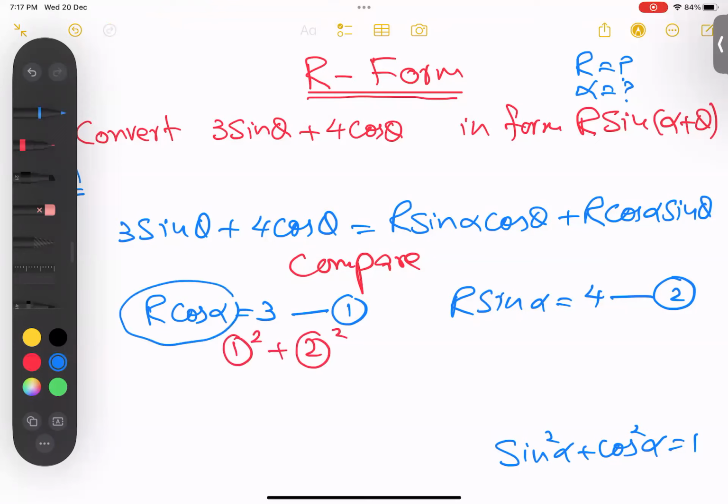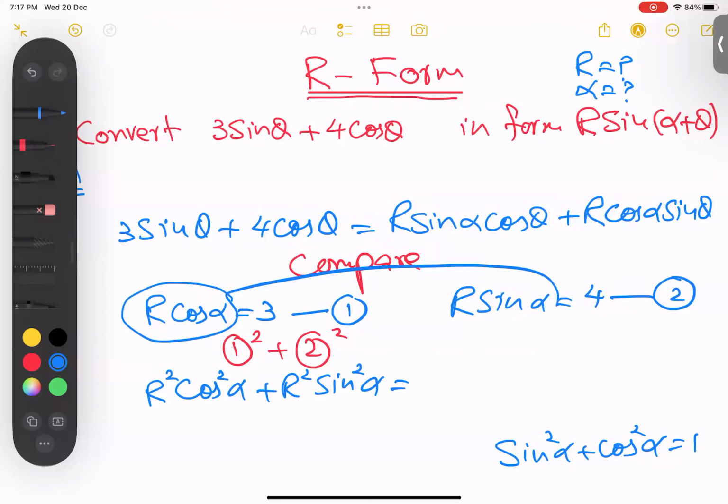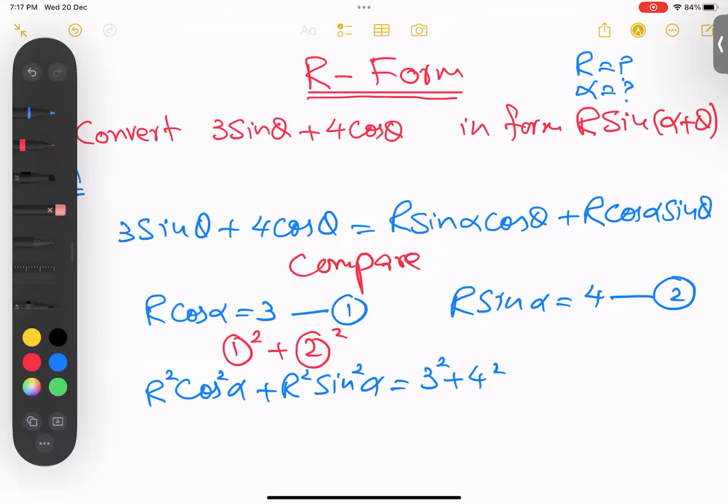When I square this and this and add them, it will look like this: R to the power 2 cos square alpha plus R to the power 2 sine square alpha, equal to 3 square plus 4 square. What is common? R square common out.